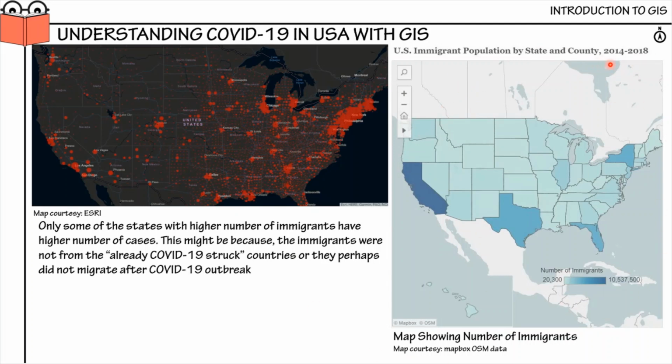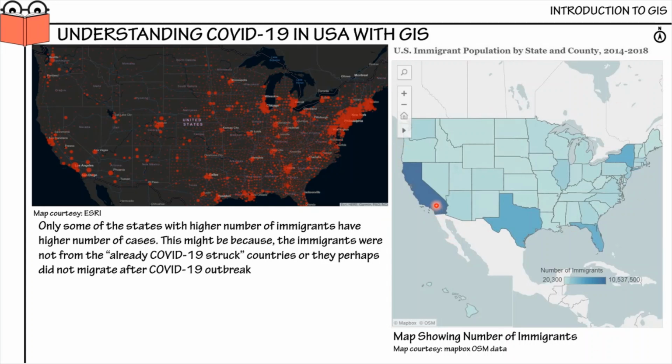We've got the data between 2014 to 2018. If you look at it, only some states which have high immigrants have been really affected. For instance, California has the highest number of immigrants, people coming from other countries. But so does New York. But here in the east, the cases look much more severe than in the west. So this might be one of the plausible reasons.